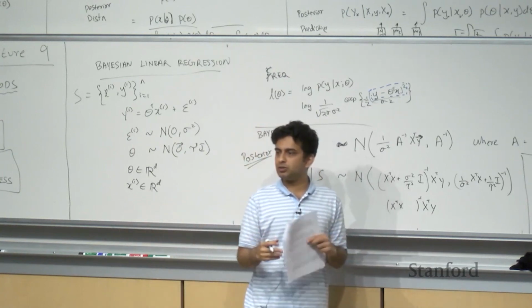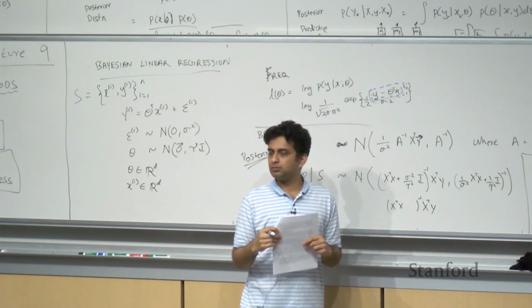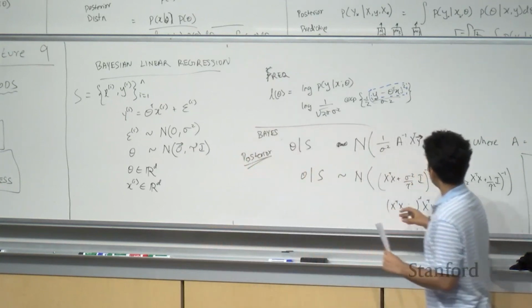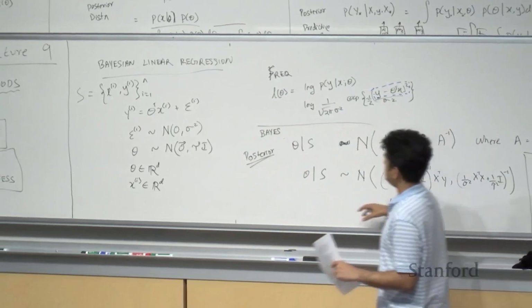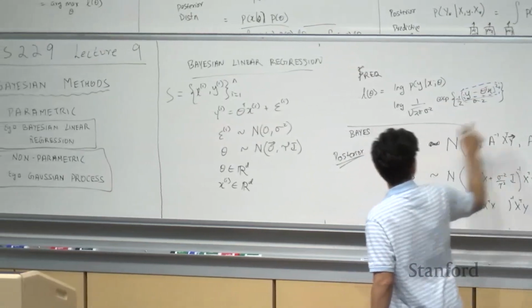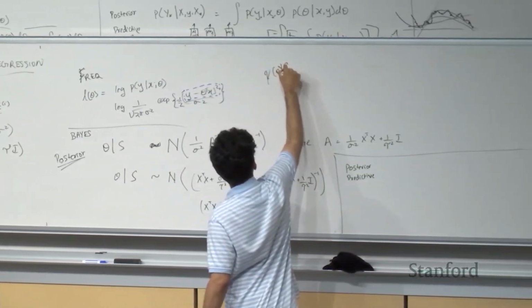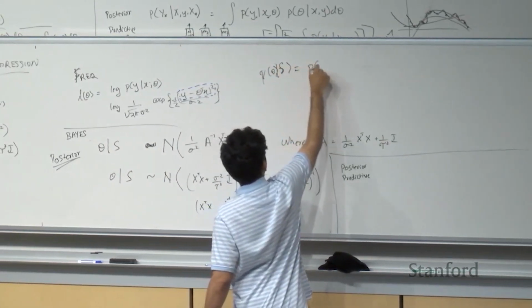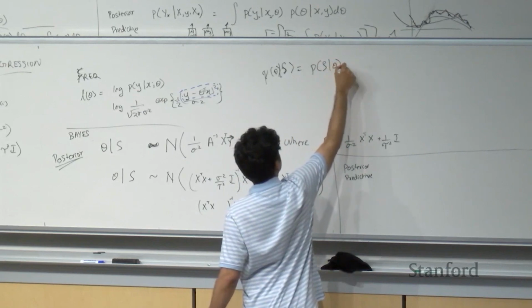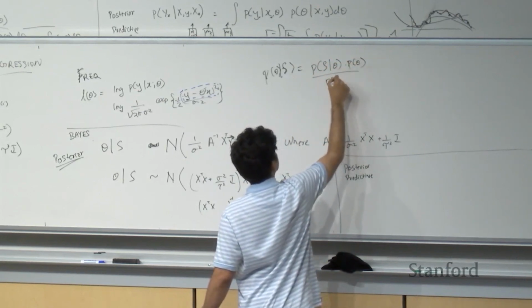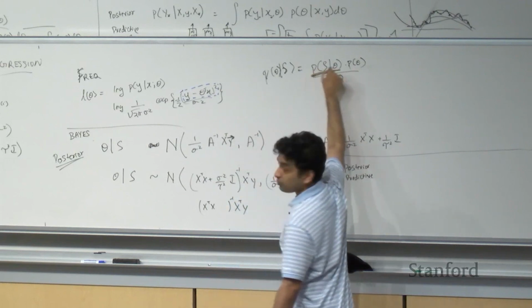Yes, question? Can you not look at the likelihood function in the frequentist approach for the same purpose of confidence? So the likelihood function appears in the Bayesian method. P of theta given S is P of S given theta times P of theta over P of S. So this is your likelihood function.